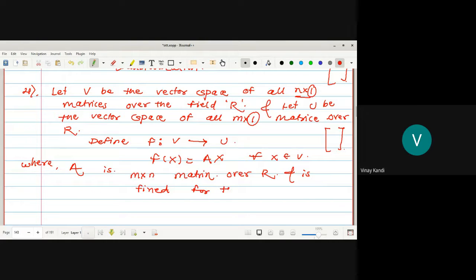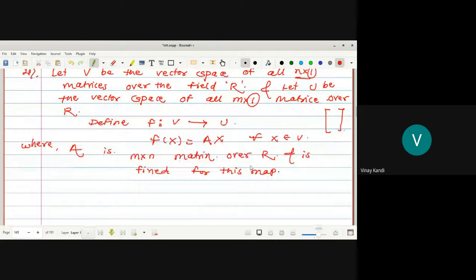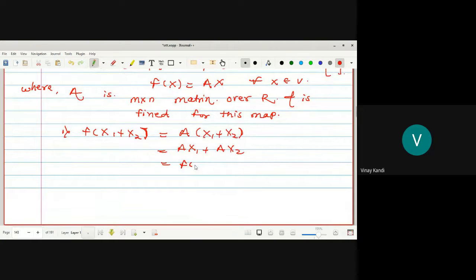Now we have to first show that this f is a linear transformation. For this, we have to show the two conditions again. First one: f of x1 plus x2, where x1 and x2 are two column vectors, by the definition of f is A into x1 plus x2. Now multiply inside: A into x1 plus A into x2. A of x1 is nothing but f of x1, and A of x2 is f of x2.